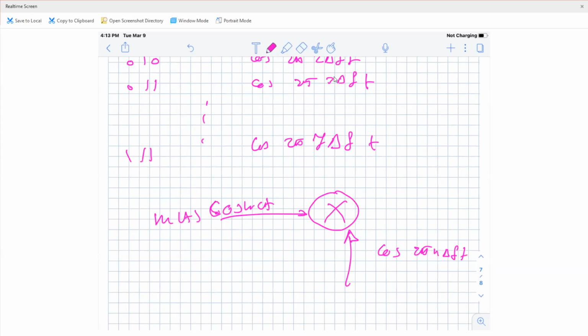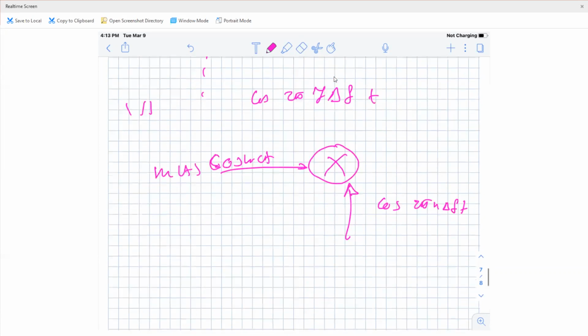Well, now we have a new omega. Now look, please, go to the identity of cosine A cosine B formula. It will be 1 over 2 of cosine A plus B plus cosine A minus B.